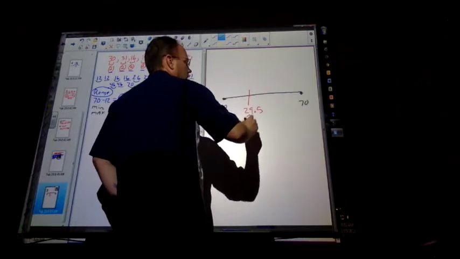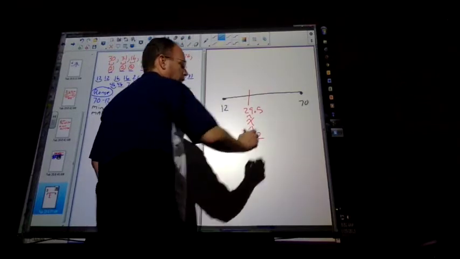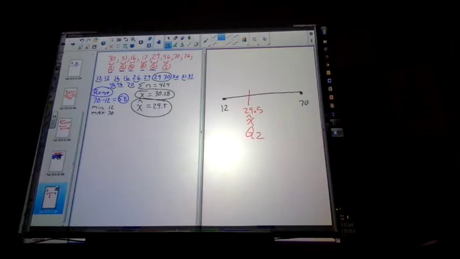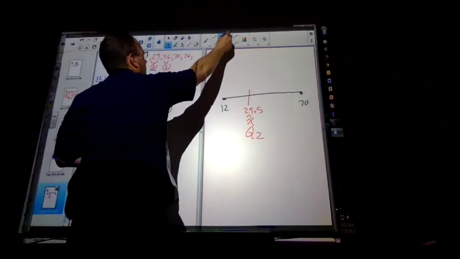That's my median. Median is also sometimes referred to as Q2. Your calculator won't show you Q2, but just realize the median and Q2 are the same point as far as data goes. Now I want to find Q3. Q3 is the middle of the upper portion of our data.